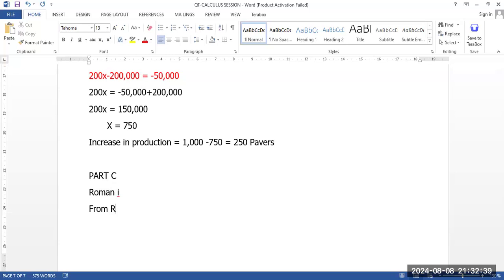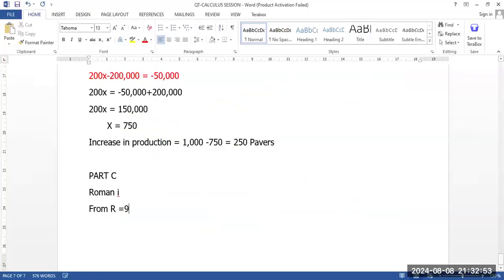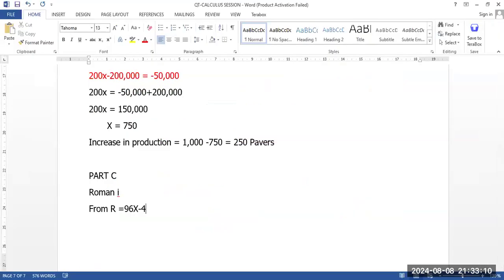Revenue is equal to 96x minus 4x squared.